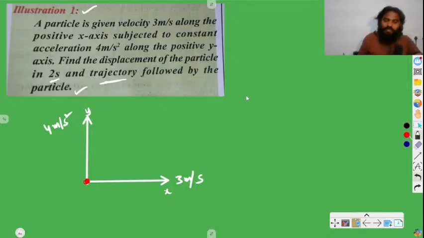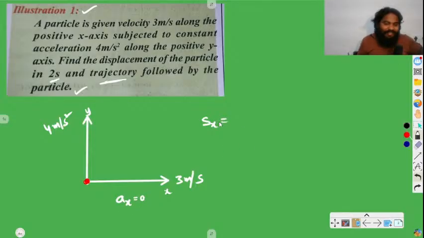This is the question. So now to solve this, first of all you have to find the displacement of the particle after 2 seconds, right? So for that, let me find the displacement along the x-axis first. In this condition there is no acceleration along the x-axis, so it is 0.